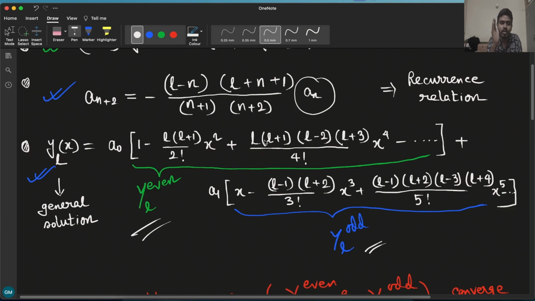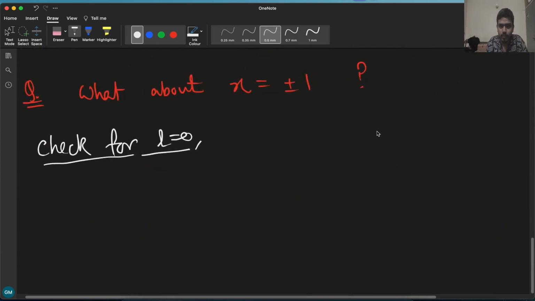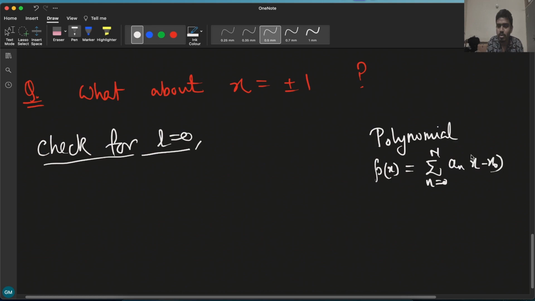What do you mean by polynomial? Let me write it down again. A polynomial p of x is the sum over n equals to 0 to N of a_n (x minus x naught) to the power n, where this capital N is a finite number, it's not infinity. That means a polynomial has a finite number of terms, it is not an infinite series.